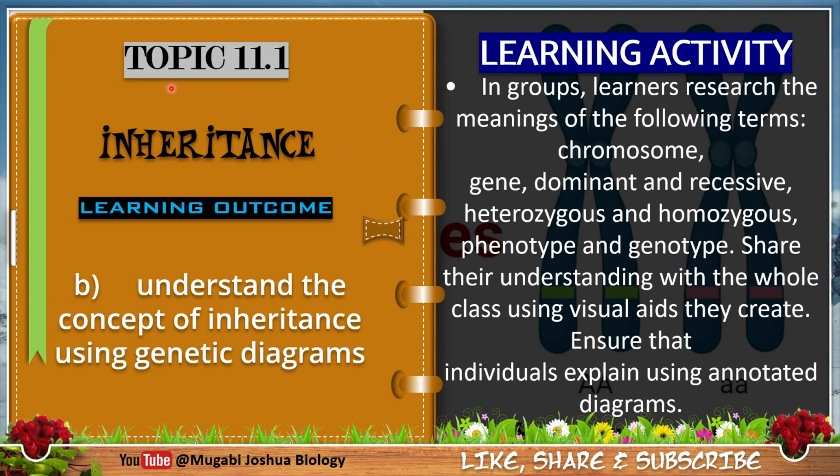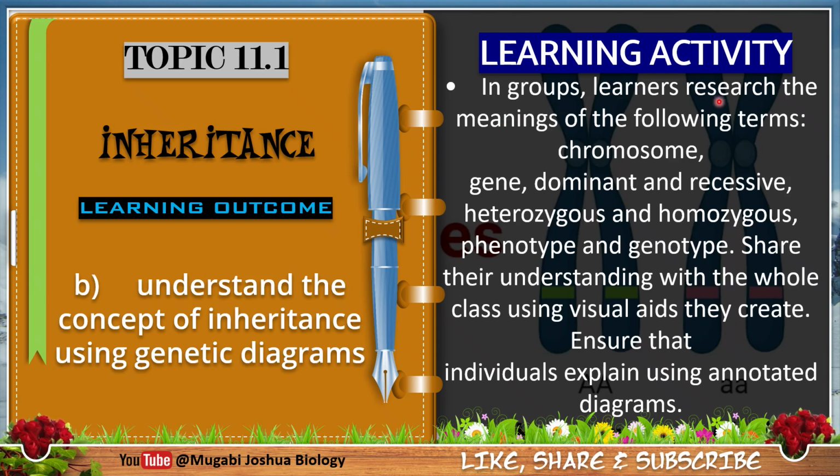Thank you very much for participating in the topic 11.1, which is inheritance. We have been looking at learning outcome B. Understand the concept of inheritance using genetic diagrams. We have been using the learning activity.